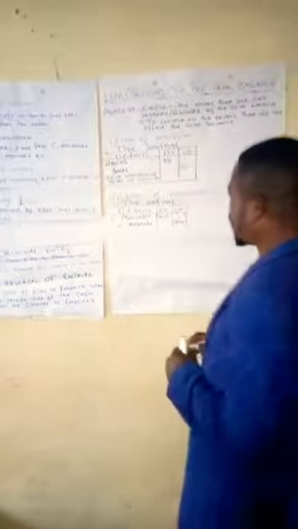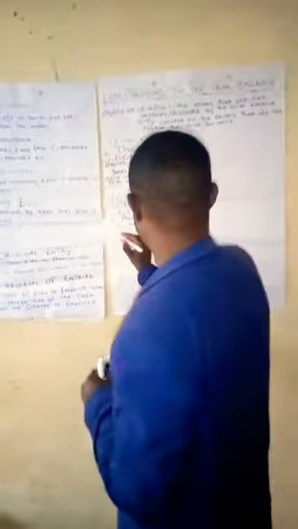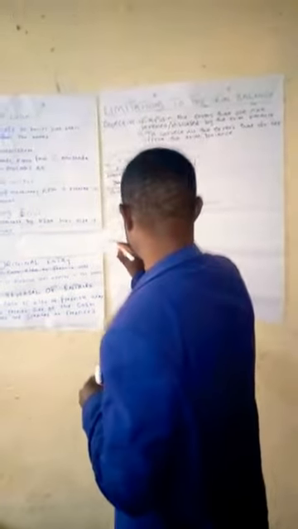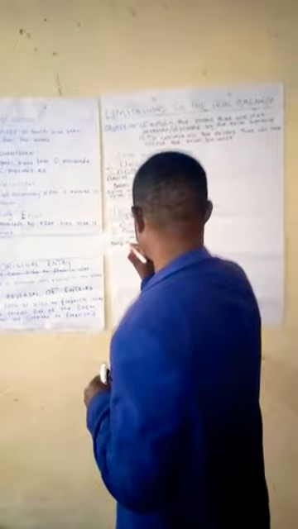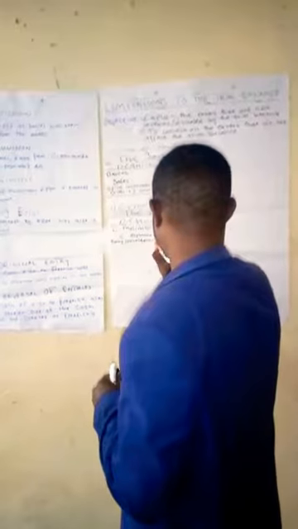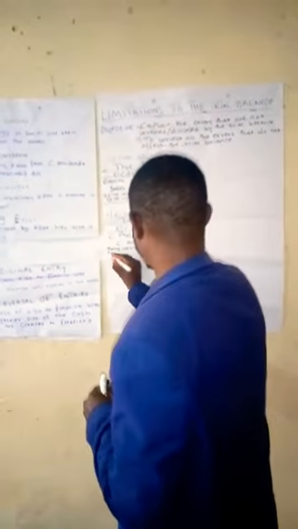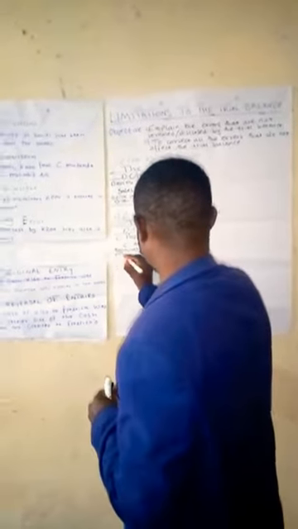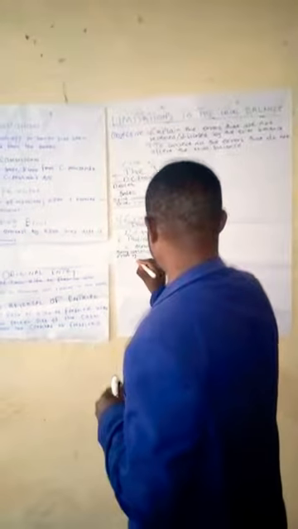Okay, then you make a narration again here: correction of error of commission.